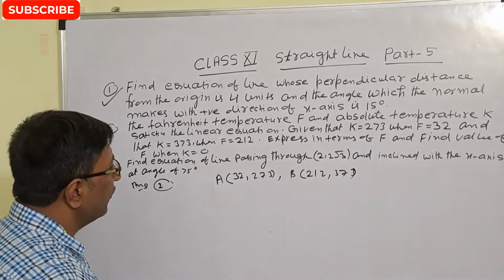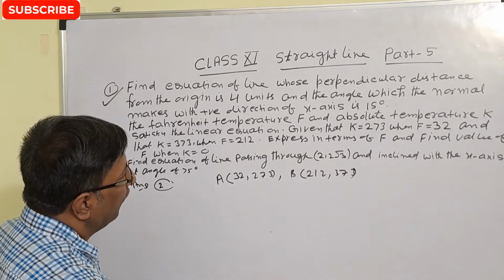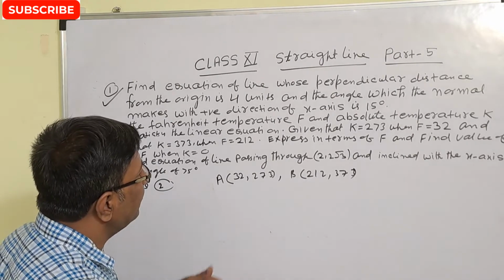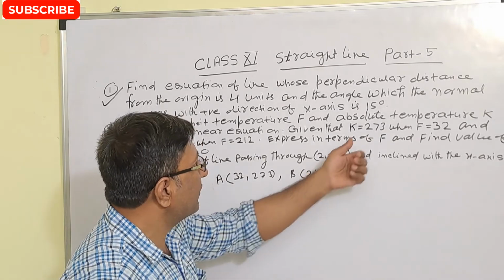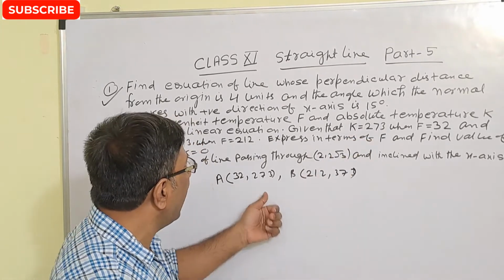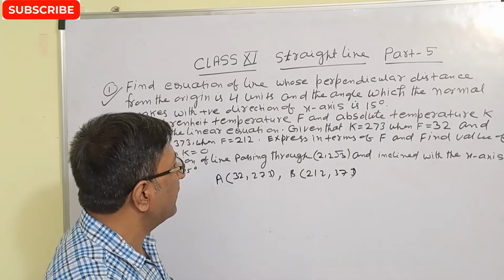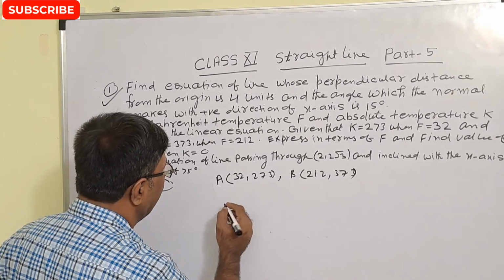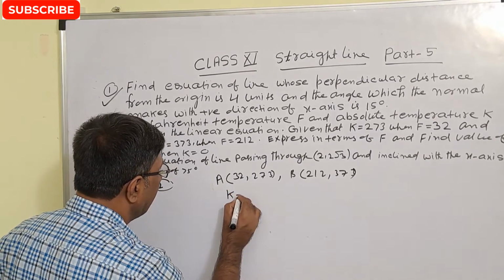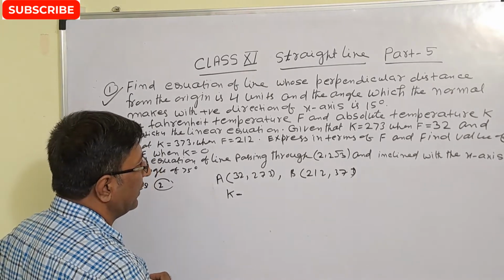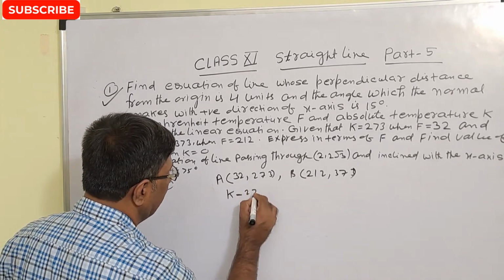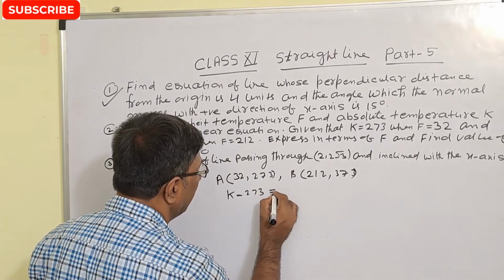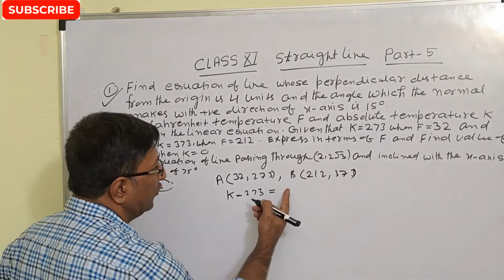Okay. Now we know the formula, that is y minus y1. We have taken K as the y axis. So if we take y minus y1, so y we have taken K. So this is K minus 273, right? y minus y1 equal to y2 minus y1.